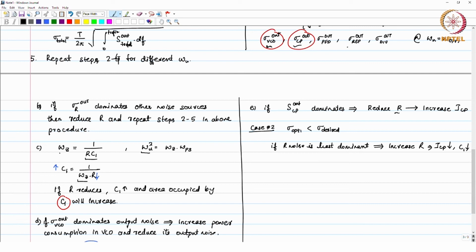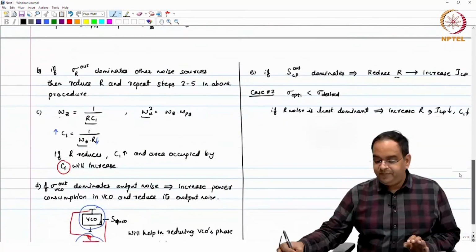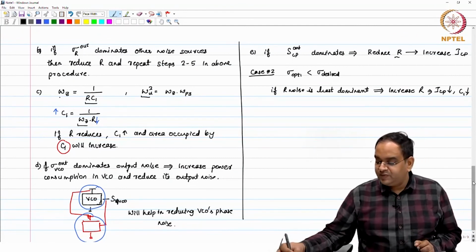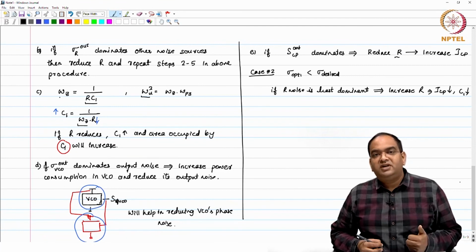So, when it is lesser you do this, when it is greater we have discussed the steps. Finally, before you decide on unity gain bandwidth and your jitter, you should check with these plots such that you get the best possible design for the PLL. Okay. Now, an important part here is regarding the phase margin, which I told comes from the transient simulations.